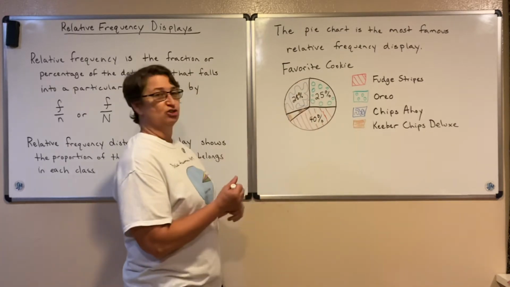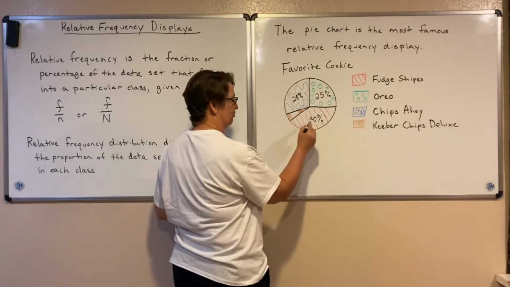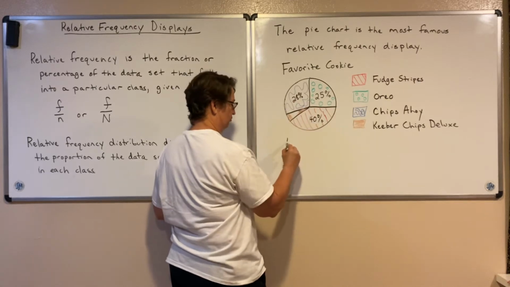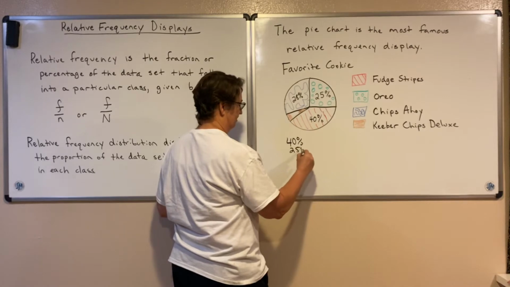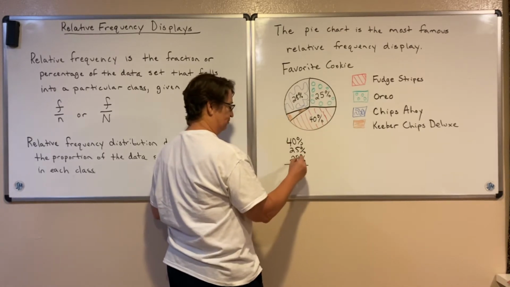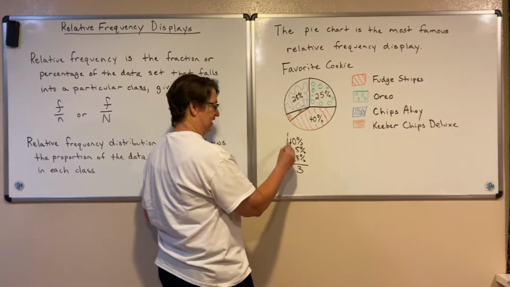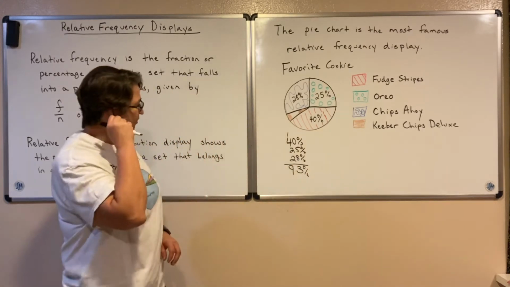Since our pie chart should always add up to 100, the first thing I'm going to do to find out that percent is just add up those 3 categories. This one was 40%, this is 25%, and that one was 28%. I'm just going to add those up to see what percent I have. That's 13, carry 1, 6, 7, 8, 9. So I'm at 93%.